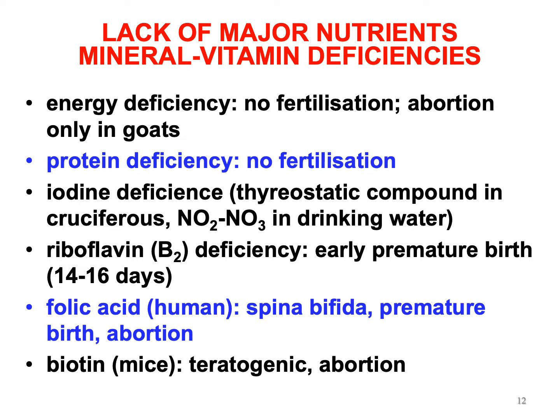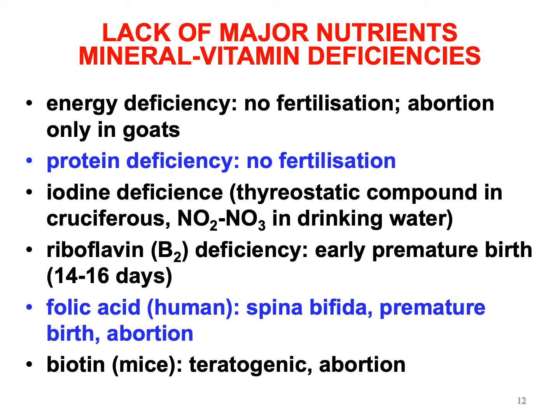But in case of female goats, the abortion can be provoked by energy deficiency at about 110th day of the pregnancy, gestation. The case is the same for the protein deficiency. A real big deficiency will prevent the fertilization itself.